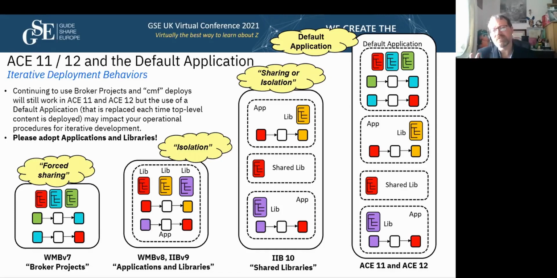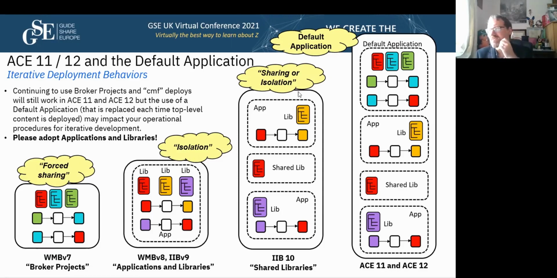Then we moved to V10, where we introduced shared libraries. So rather than just the structure changing, it now actually had a runtime consequence as well. You can have a shared library that can be used in multiple applications, and you can update that shared library, and then the applications or libraries would pick up on that shared library.